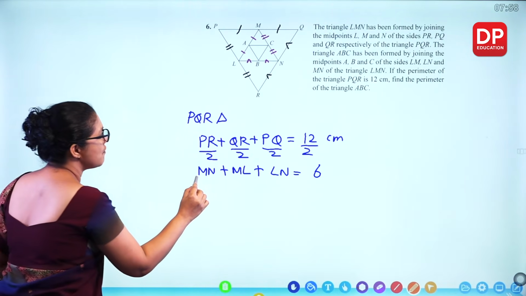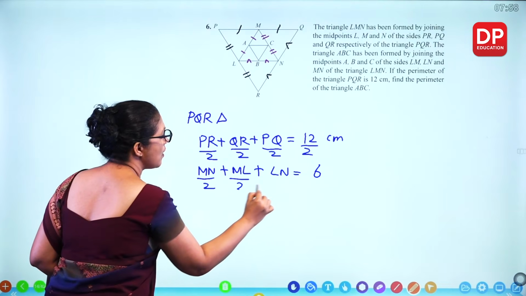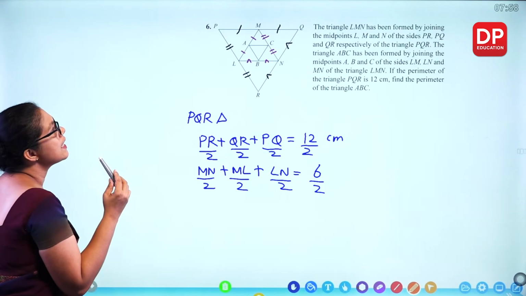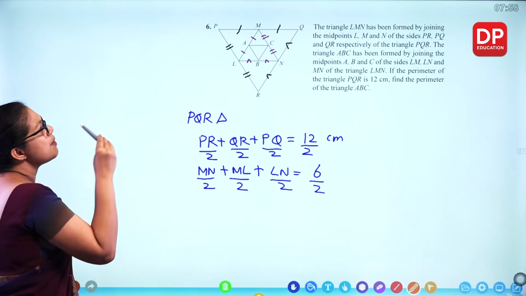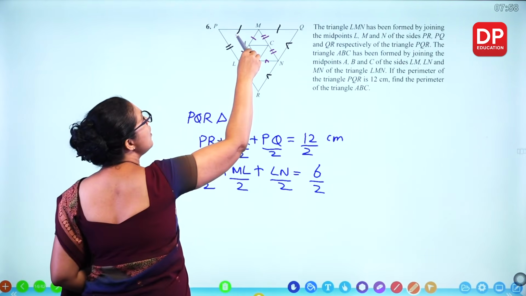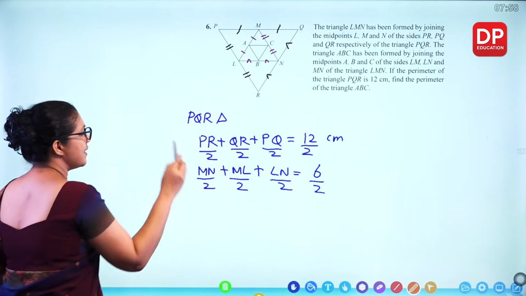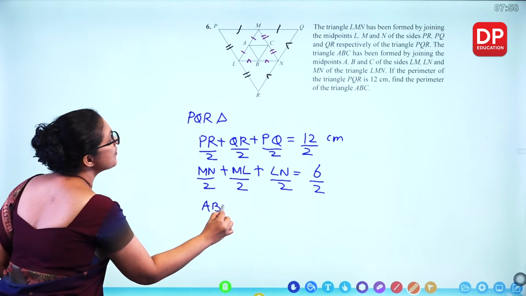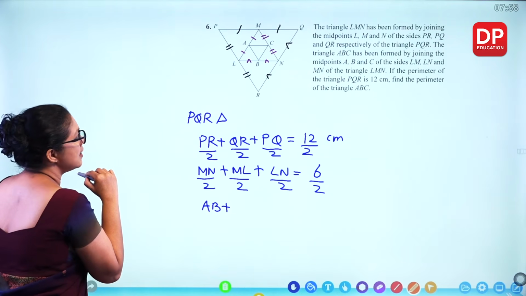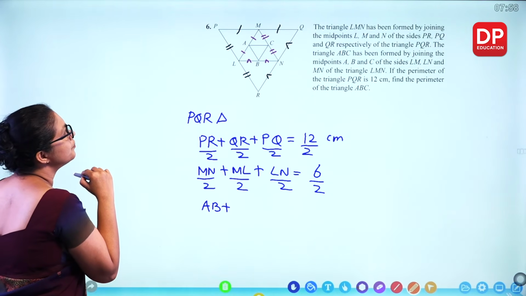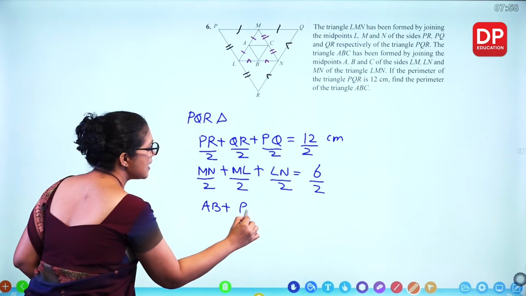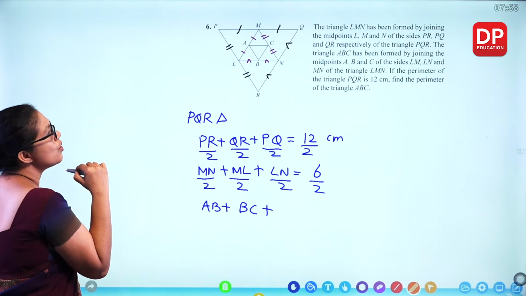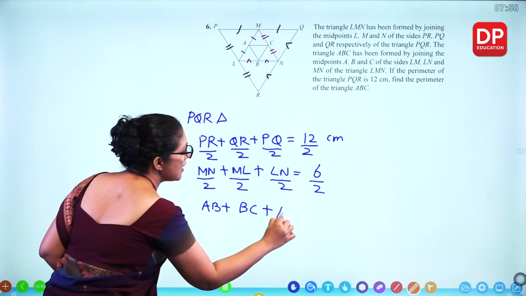Again, I want to divide the whole equation by 2. We know AB is half of MN. So MN divided by 2 is AB, ML divided by 2 is BC, LN divided by 2 is AC.